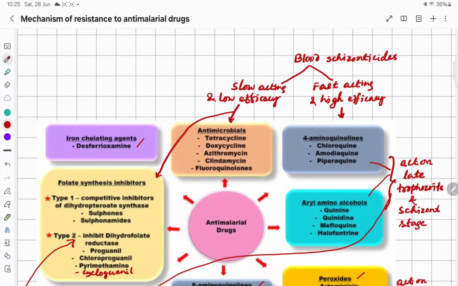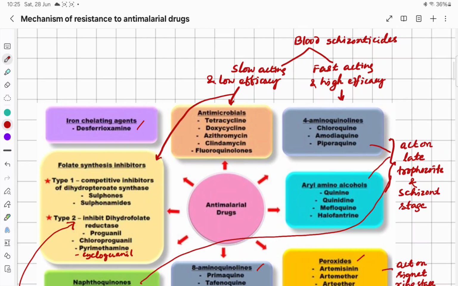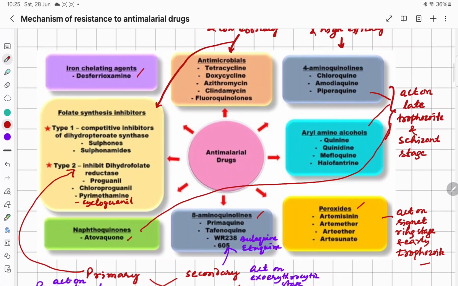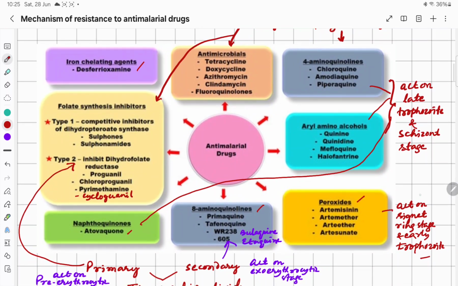So the blood schizonticides can be of two types: slow acting and low efficacy, fast acting and high efficacy. The fast acting and high efficacy are of two types, which act on the signet ring stage and early trophozoite. They include the artemisinin and its derivatives like artemether, arteether. And the second group, they act on the late trophozoite and scission stage.